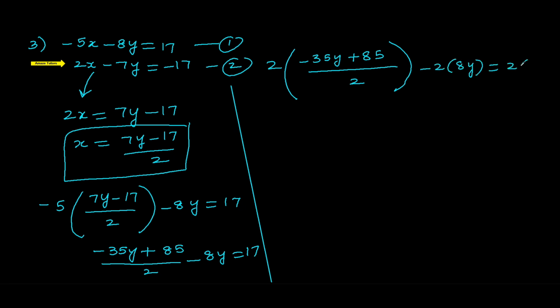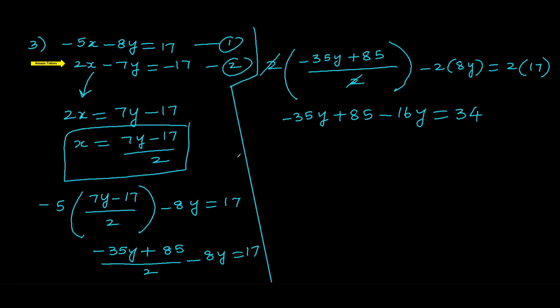I have to multiply even the right side without missing, because it is an equation. Whatever I do, I have to do with both the sides. The 2 gets cancelled. Negative 35y plus 85 minus 2 8s are 16y, 2 17s are 34.